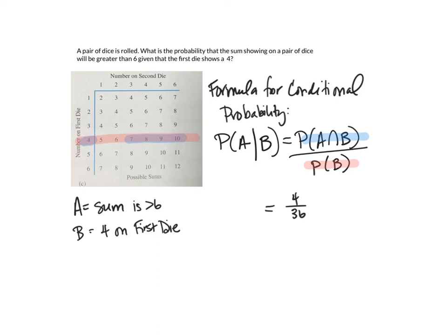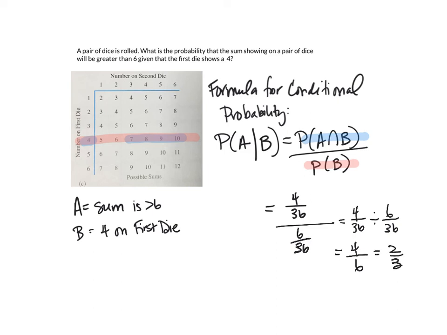So the probability of B is we've got 1, 2, 3, 4, 5, 6 possibilities out of 36. So then when we divide those, so 4 divided by 36 divided by 6 divided by 36, that result is 4 over 6, or simplified to 2/3.